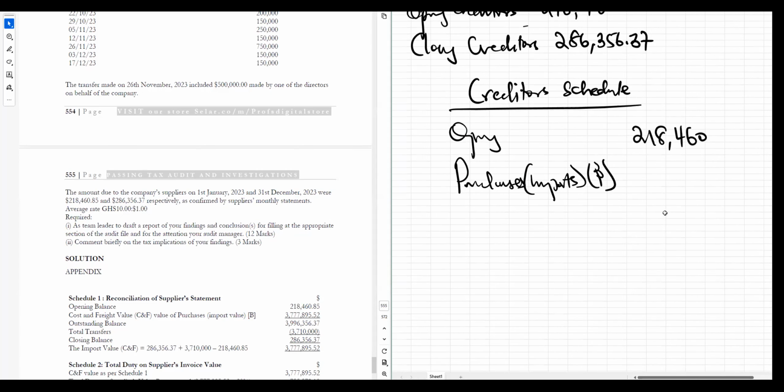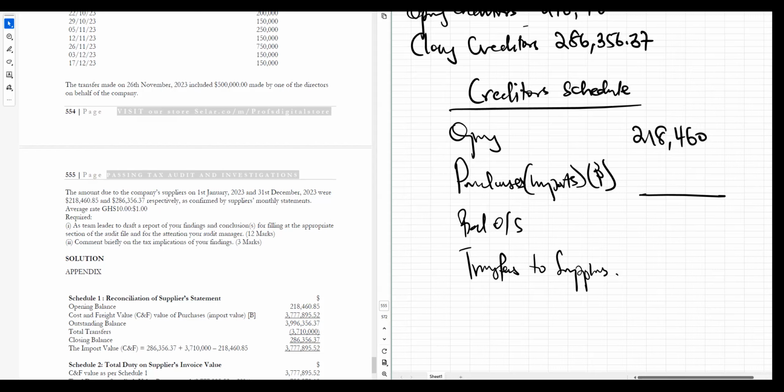They are the same, just that imports are foreign purchases. Once we do that, we come and get our balance outstanding. Then, were there any transfers to our suppliers?